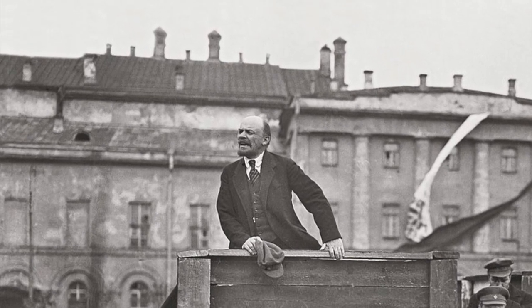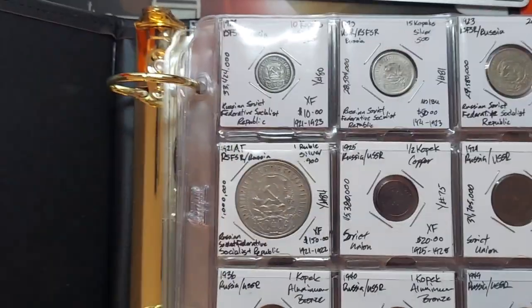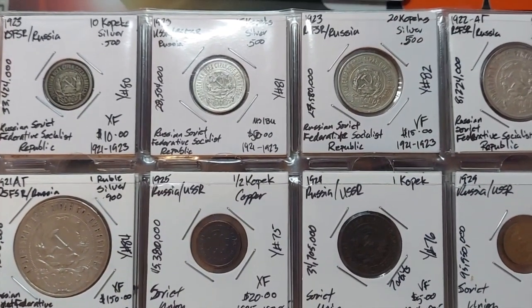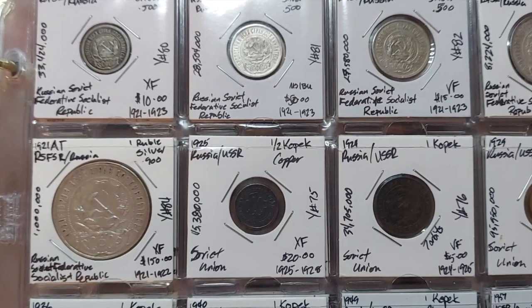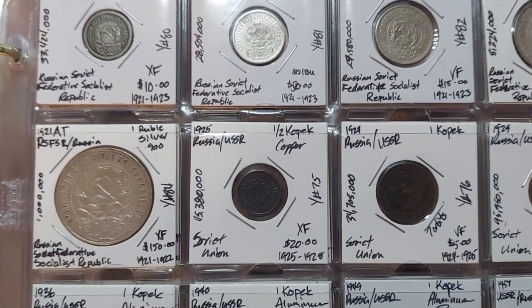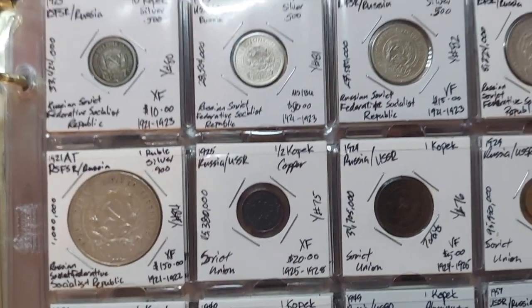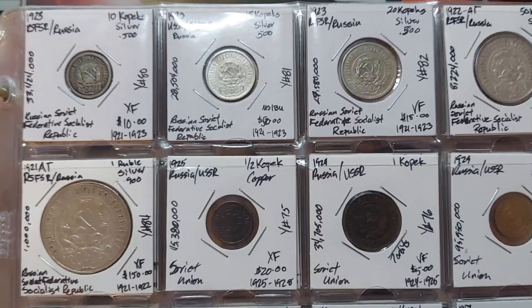In the beginning, let me turn the page. In the beginning of the Soviet Empire was the Russian Soviet Federative Socialist Republic, which pretty much started about 1920 and ended about 1923.